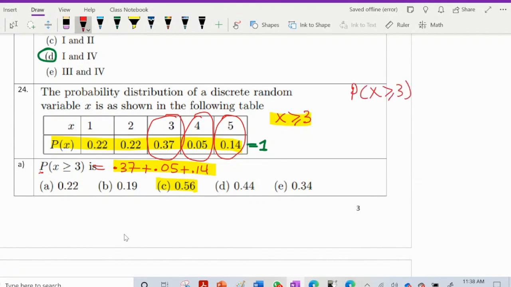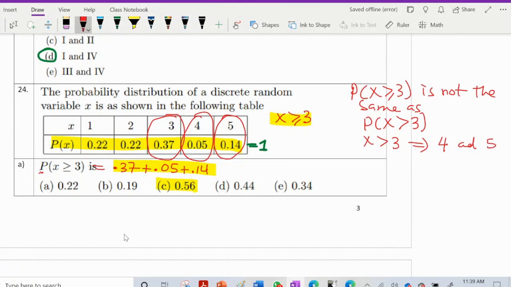Now, let me also say this in passing, that P of x greater than or equal to 3 is not the same as P of x greater than 3. Here, 3 is not included. So x greater than 3 means 4 and 5 in this case. 4 has a probability of 0.05, and 5 has a probability of 0.14.